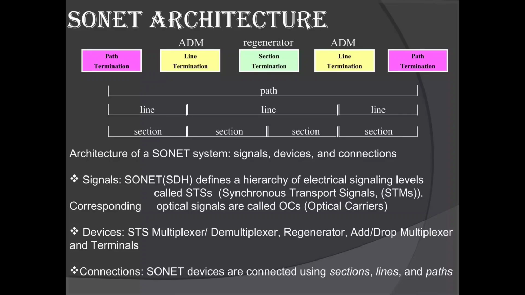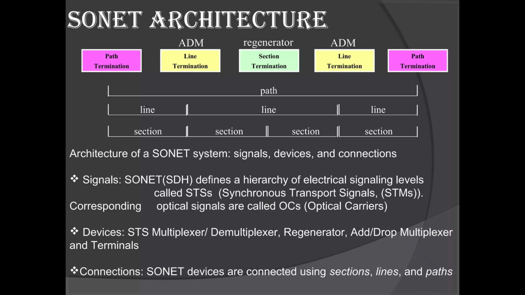Next, come to the devices. The devices used here are the synchronous transport signal multiplexer or demultiplexer, regenerator, add-drop multiplexer, and terminals. Here ADM is nothing but add or drop multiplexer. Sometimes the signals may drop, and it will not come up to the level.